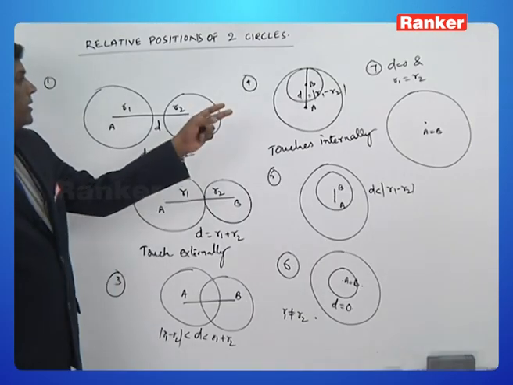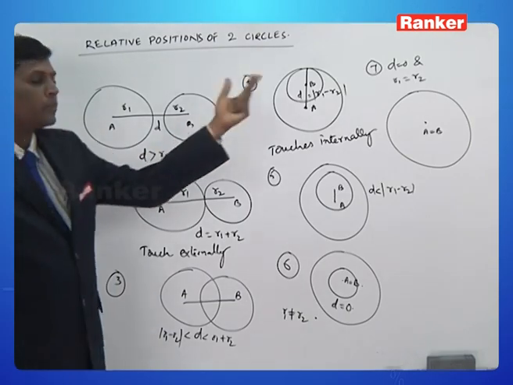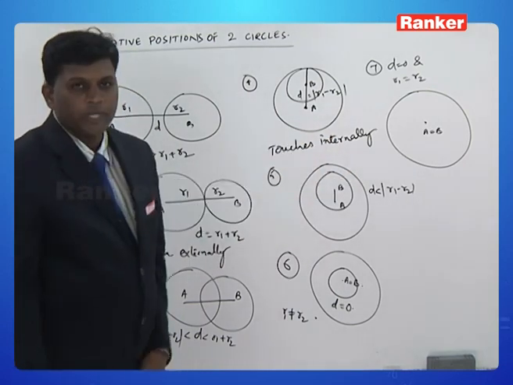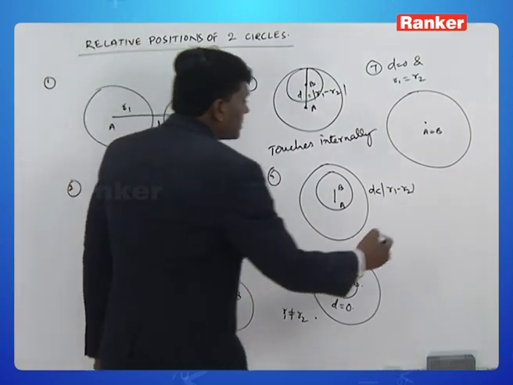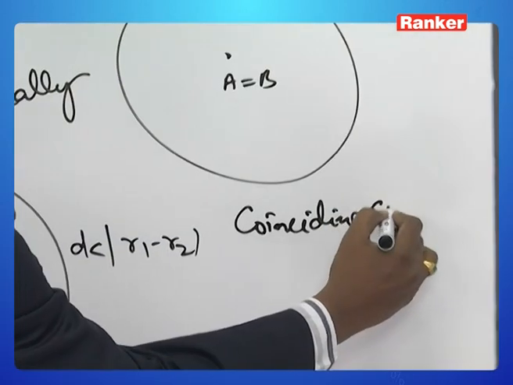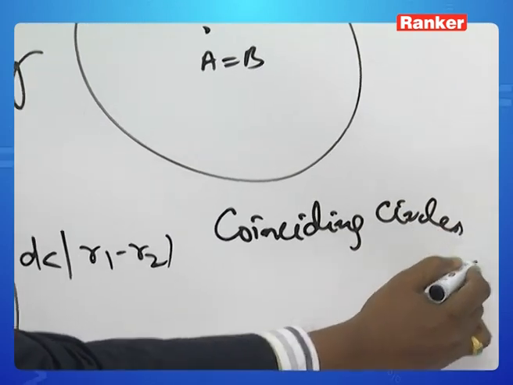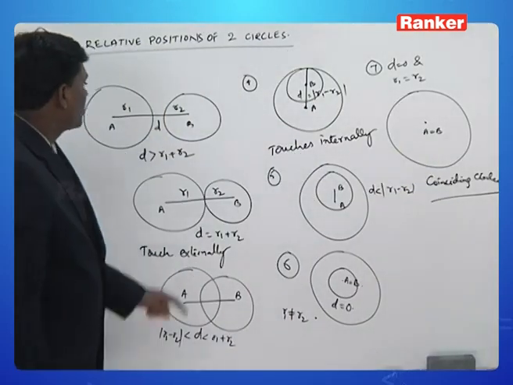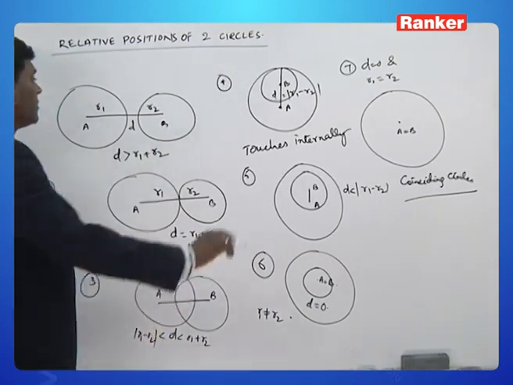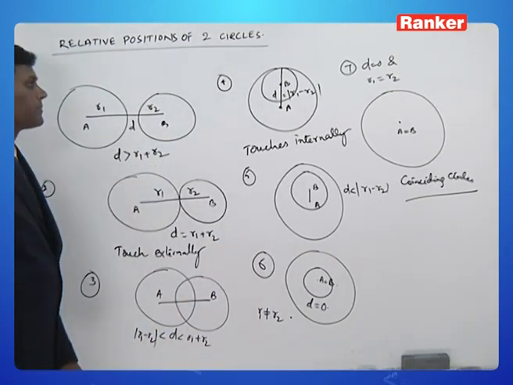So here instead of getting two different circles, both the circles are representing the same circle in the xy plane. So these can be taken as coinciding circles. Like this, we have 7 relative positions in the xy plane for any two circles given.